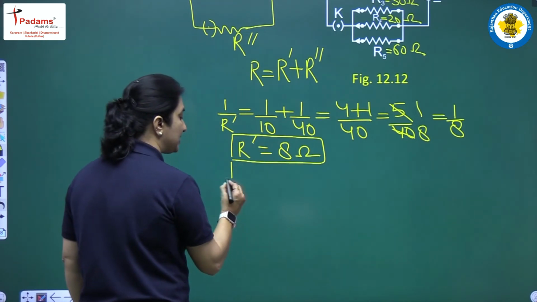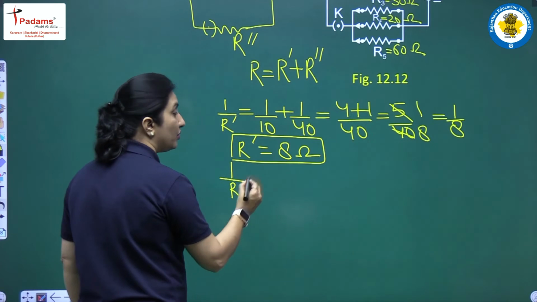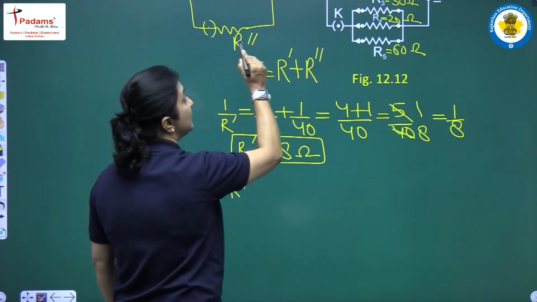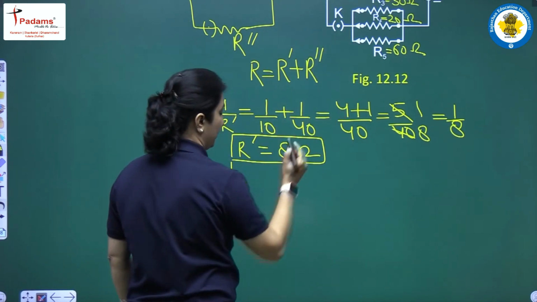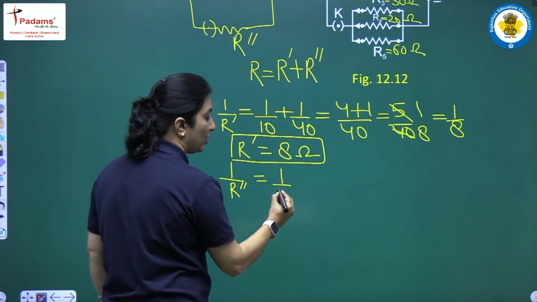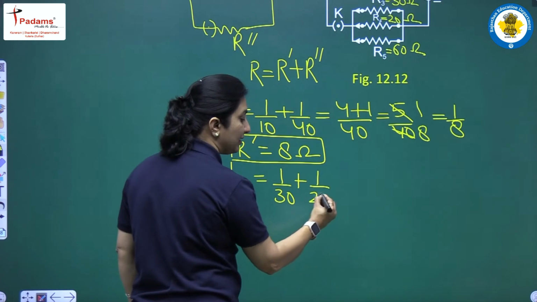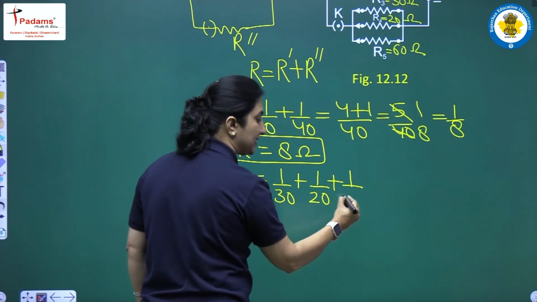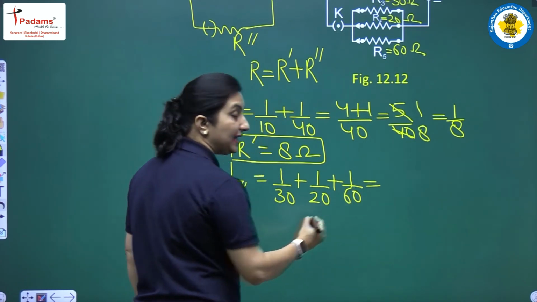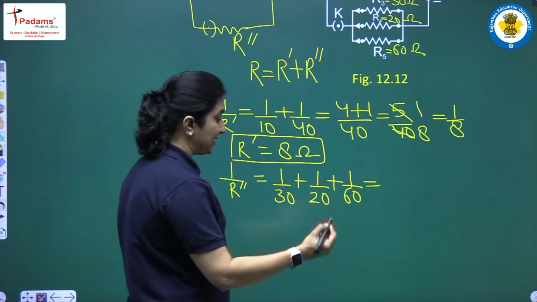Now I will calculate R double dash, which is the equivalent resistance of these three, and these three are 1/30 plus 1/20 plus 1/60. So here the LCM can be taken as 60.